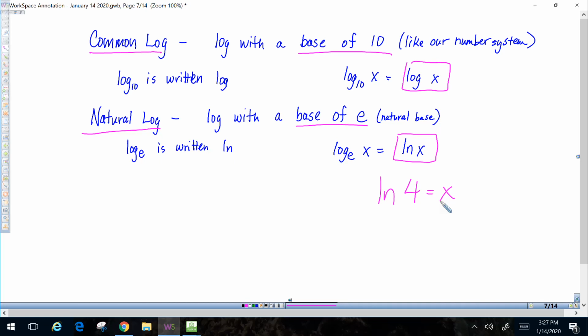Alright, so Alex, if we're going to switch forms here, ln is what base? It doesn't say it, but what base is it? E. Natural log is base E. Nice. So it would become e to the x equals 4. So this is exponential, that is log.